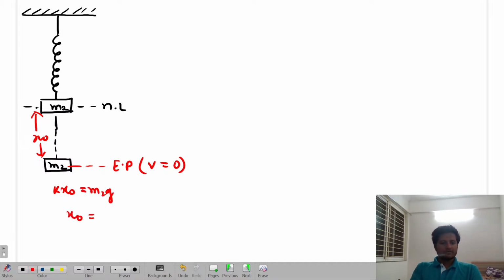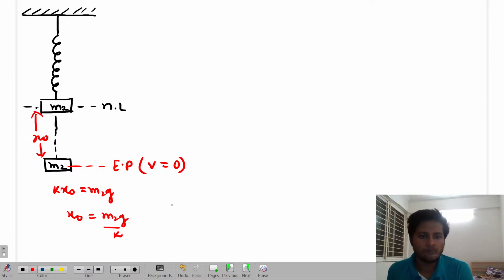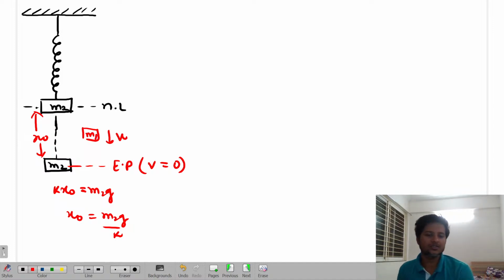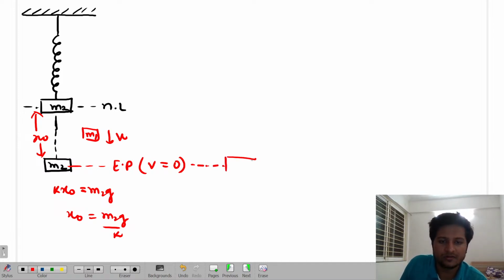x naught की वैल्यू क्या आई फिर? m2g by k. अब तुमने यहाँ पर एक another mass m1 लिया जिसको velocity u से गिराया. When it will collide over here at the equilibrium point, will this mass have velocity 0? No, it will have a different velocity.